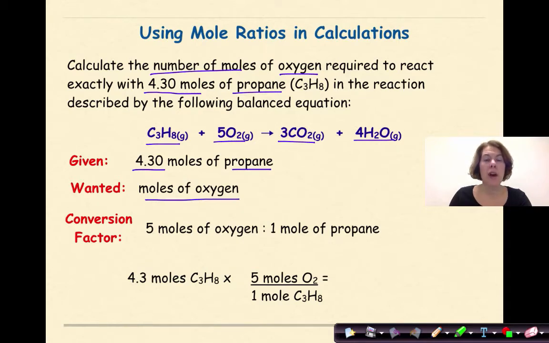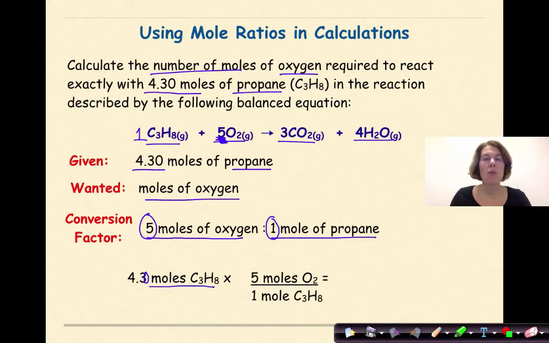So the conversion factor that I'm going to look at is my ratio between moles of oxygen and moles of propane. Again, I get these numbers from the balanced equation listed right here. So here's 5O2, and here's an assumed 1 in front of the propane. I'm going to start out by writing my given, 4.30 moles of propane, my multiplication sign and a line.